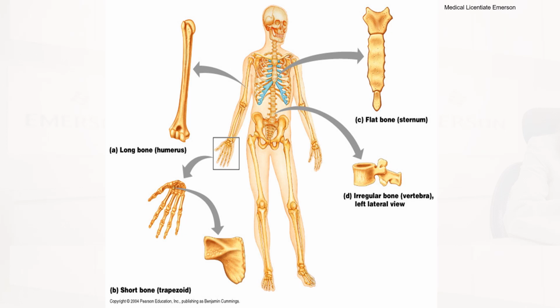The carpal bones are short bones. Then the flat bones, an example would be the sternum. Then the irregular bones, the vertebra is a very good example of an irregular bone. And this is how bones are classified according to their shape.